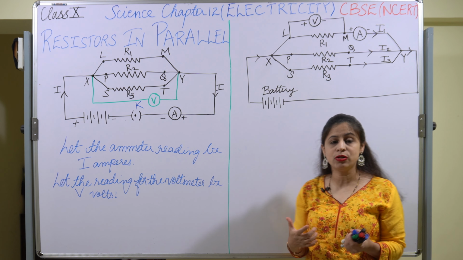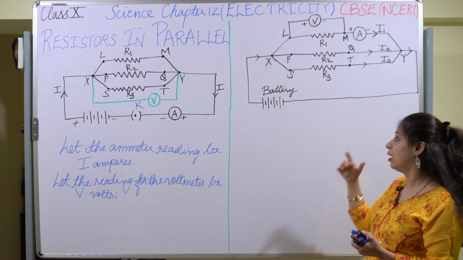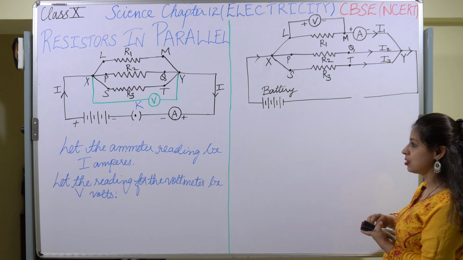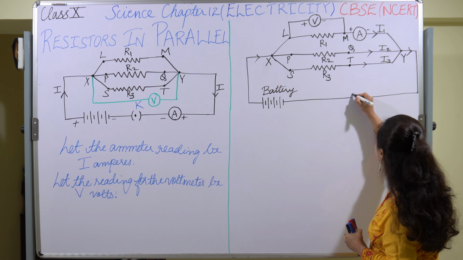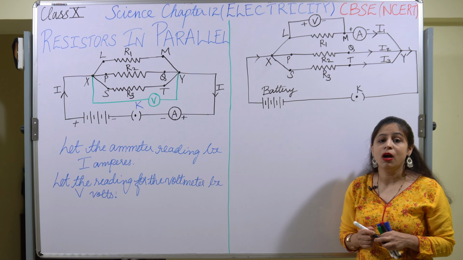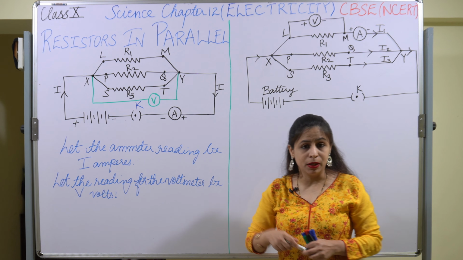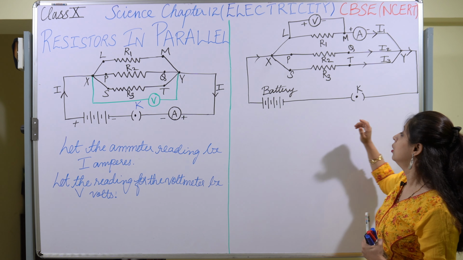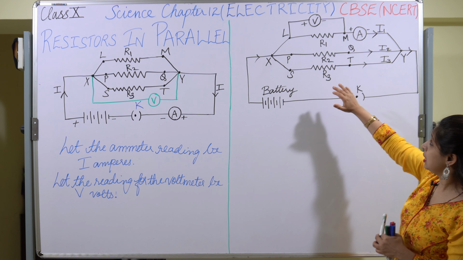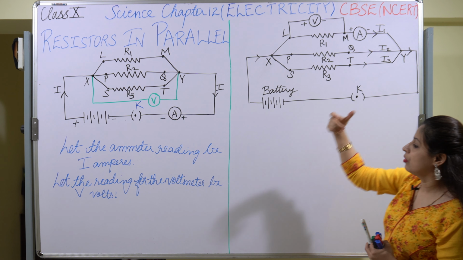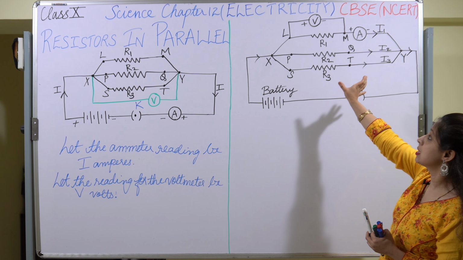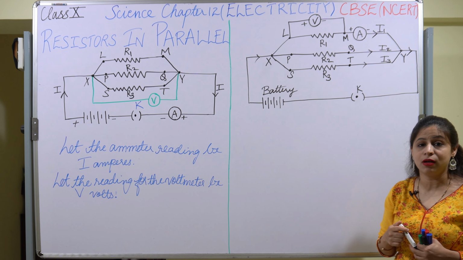The key is not shown over here, so I'll just make a key over here in the circuit. When the key is switched on again, the current starts flowing in the circuit, and what we see is that the voltmeter reading remains the same, V volts, across the resistor R1.